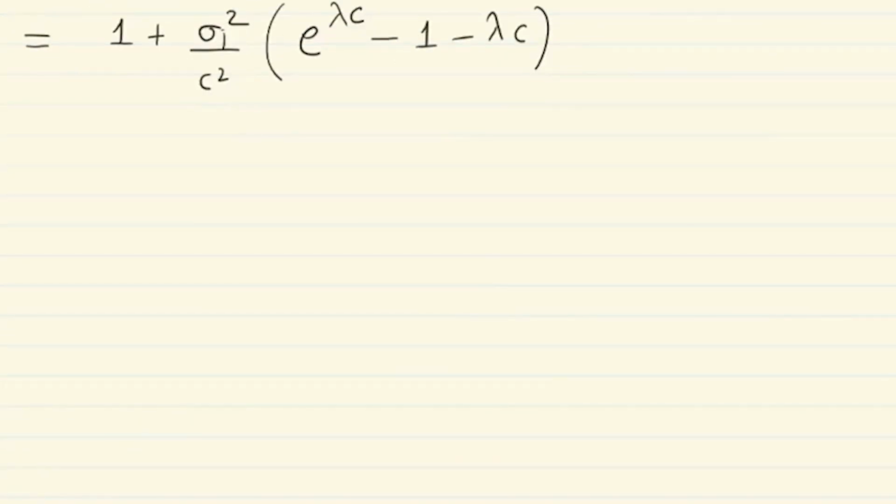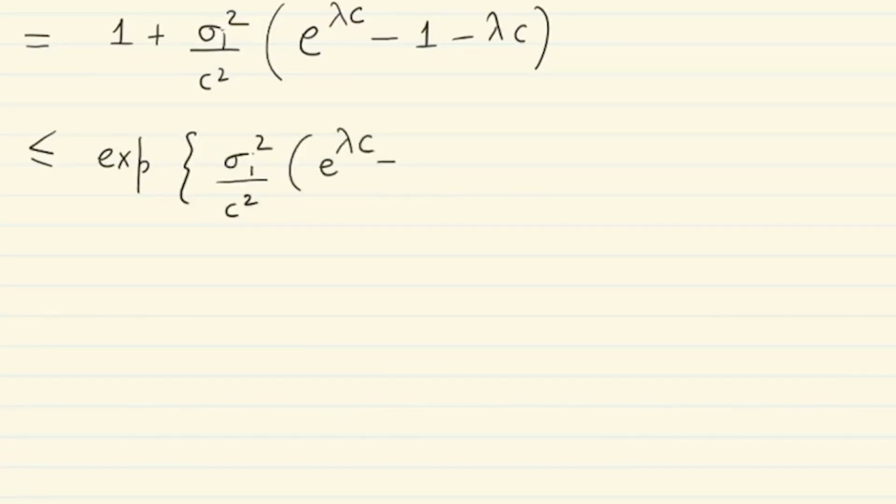And we'll use 1 plus x is less than or equal to e raised to x now to make an upper bound here: e raised to sigma i square by c square, times e raised to lambda c minus 1 minus lambda c. This is because 1 plus alpha is at most e raised to alpha for any value alpha.